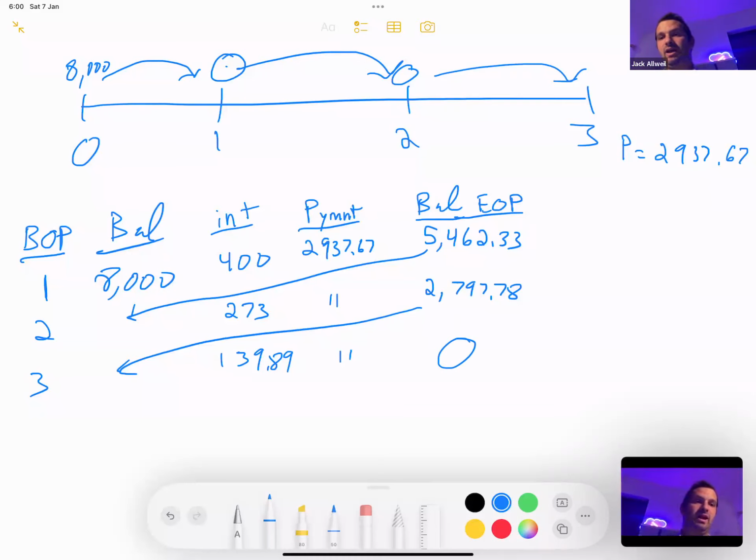And that's how you do the amortization schedule by hand. Now, I've shown this in Excel many times. So if you want to also see it in Excel and the formulas that are involved, you can go see that.